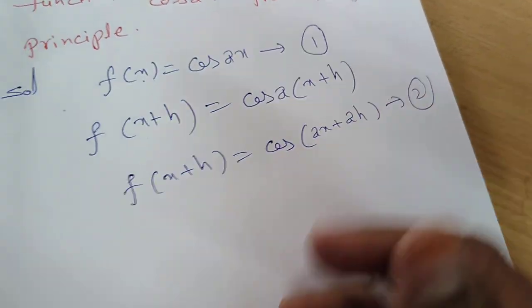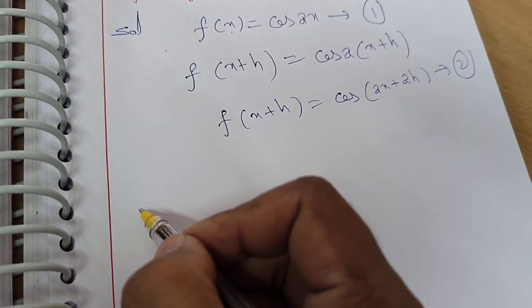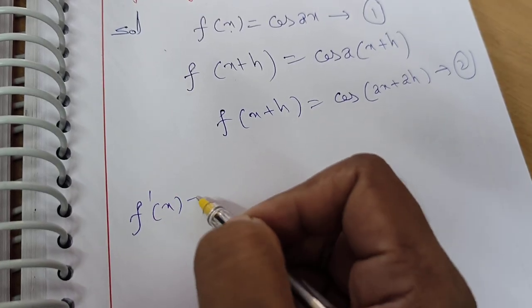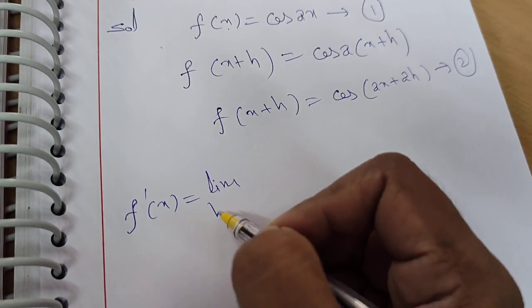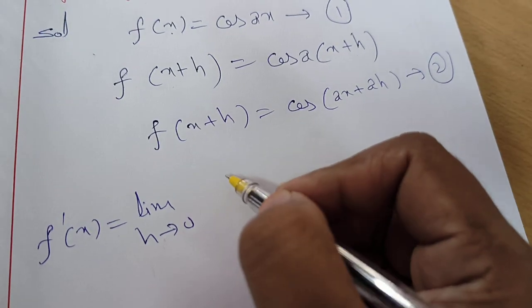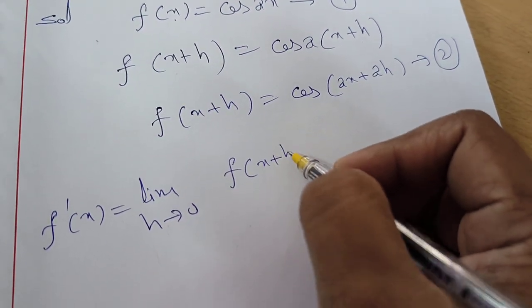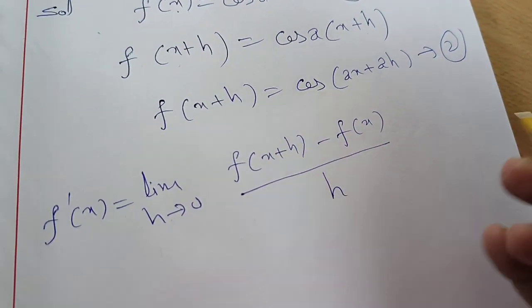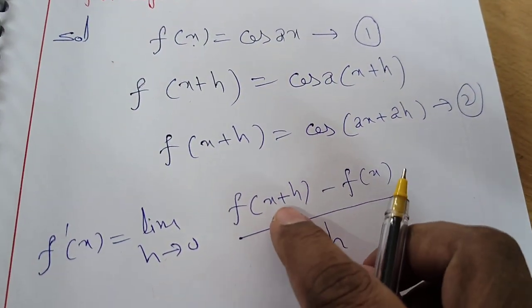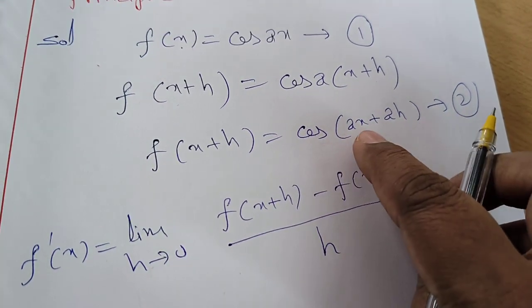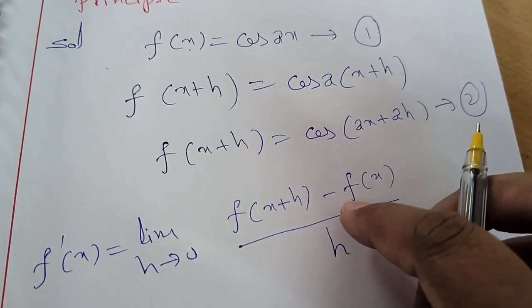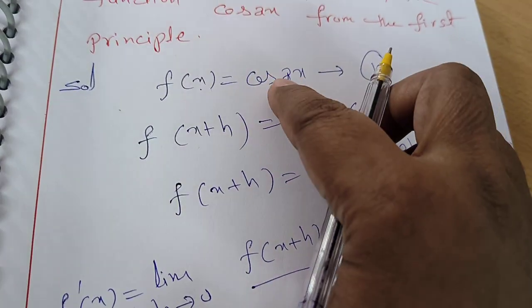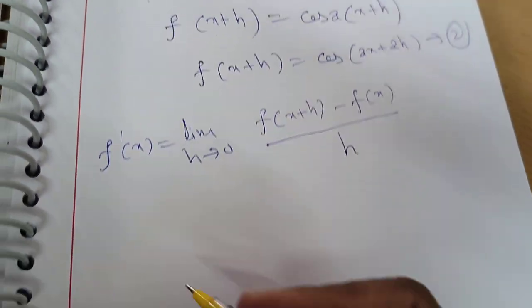Take it as 2. Now we have the general formula f dash of x is equal to limit h tends to 0 of f of x plus h minus f of x by h. This is our general formula. So in place of f of x plus h, we will substitute cos(ax plus ah), minus f of x means cos ax, divided by h.